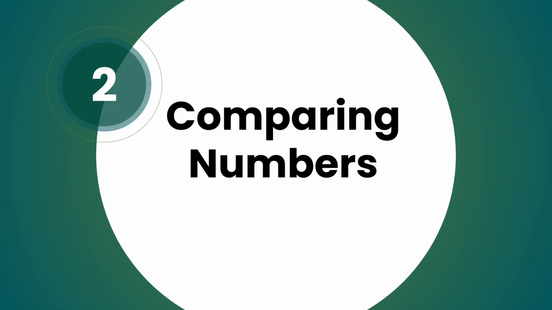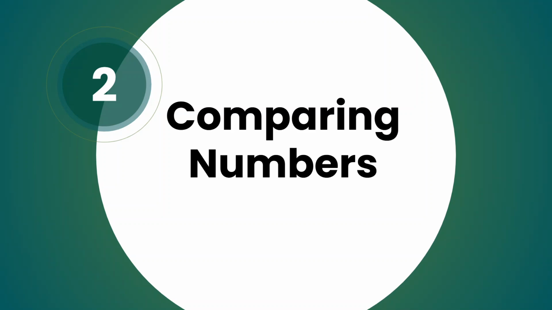So what does the Comparing Numbers task measure and how does it help us? Comparing numbers lets us know how well children are able to connect the number symbol to quantities that those numbers represent.